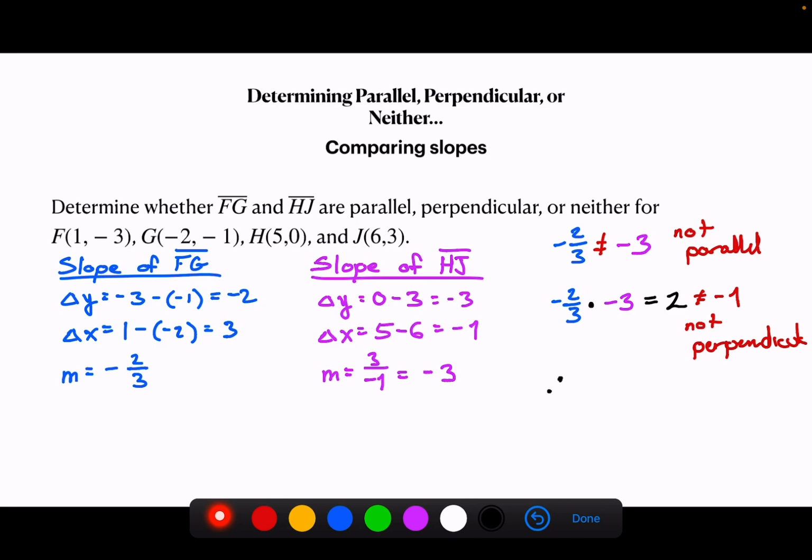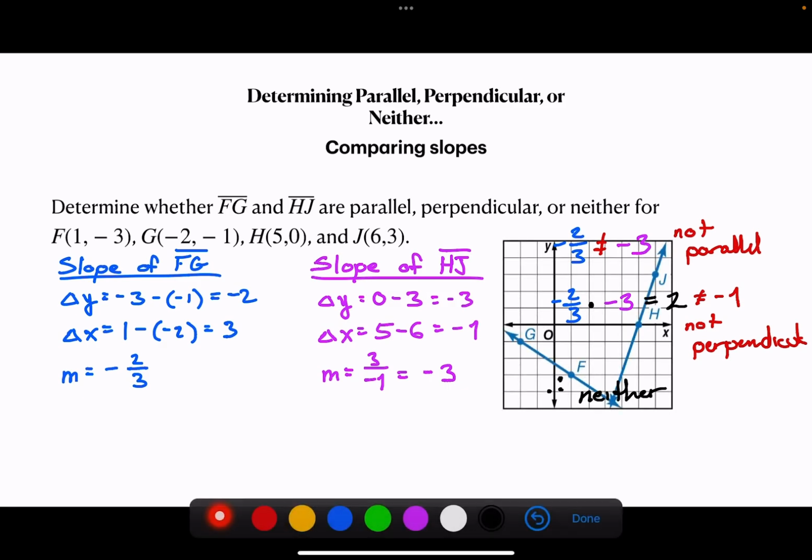So therefore, neither. These lines intersect, but they don't form any special angles. They just intersect normally. They are not parallel nor perpendicular. I drew over it. My bad. But you can see that they are not perpendicular.